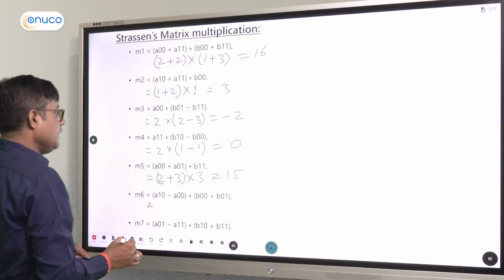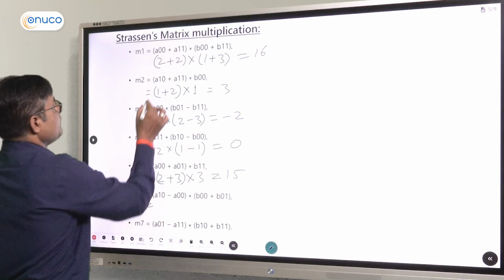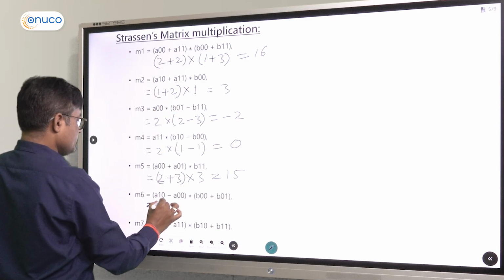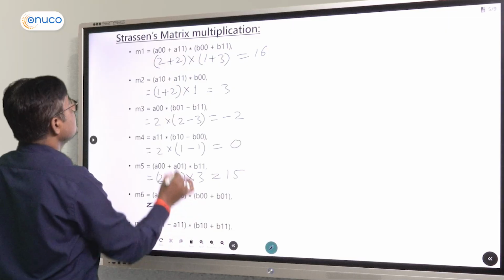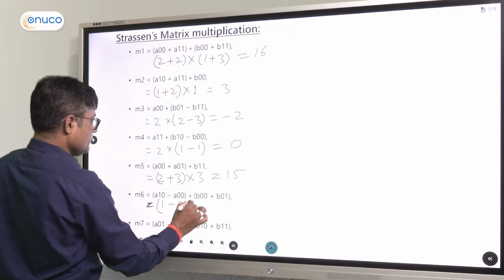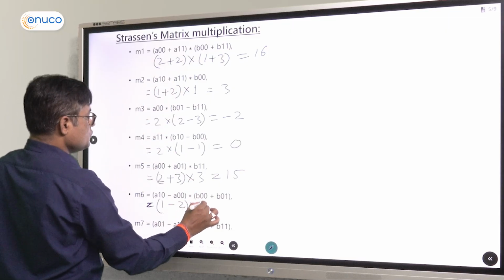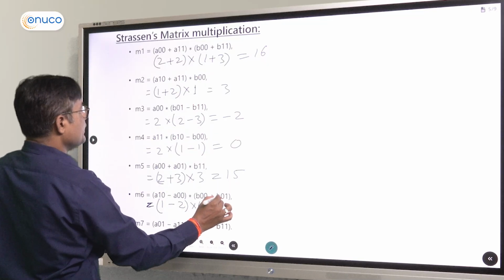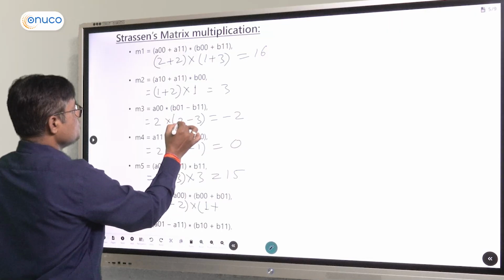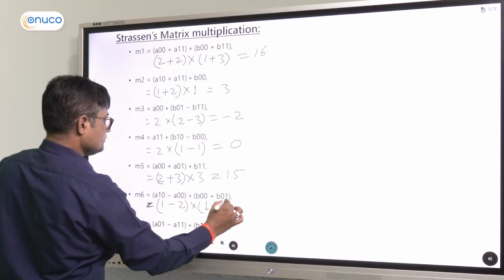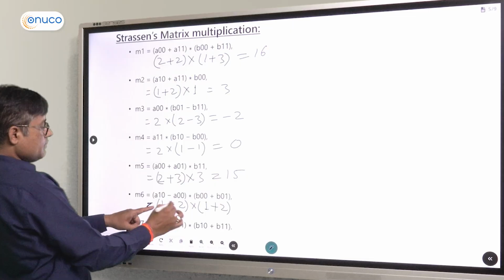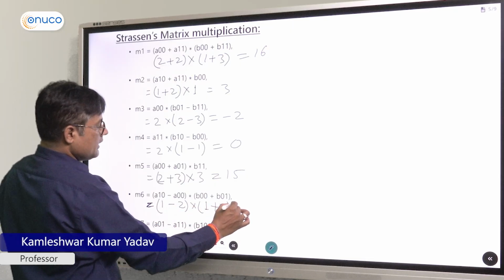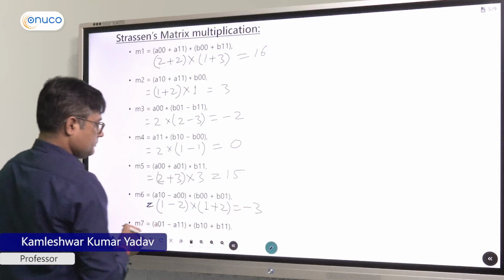Similarly, M6 is A10, which we already wrote was 1, minus A00, which was 2, into B00 plus B01, which is 1 plus 2. So 1 minus 2 is minus 1, 1 plus 2 is 3, 3 into minus 1 is minus 3.